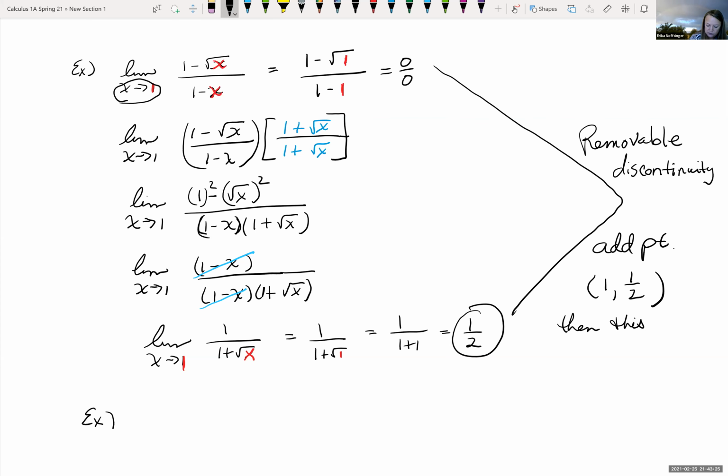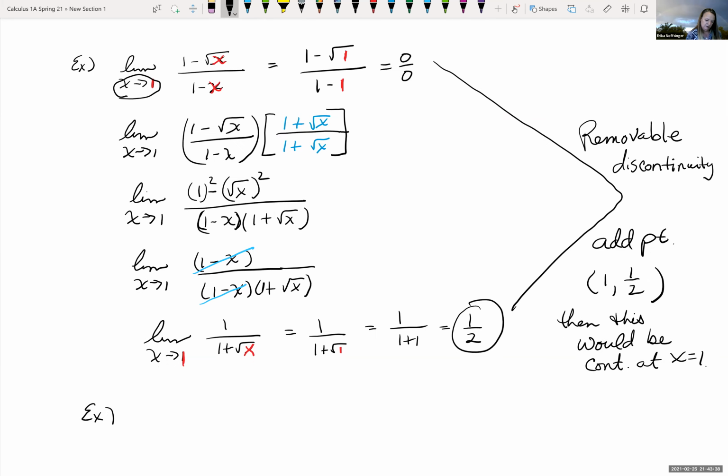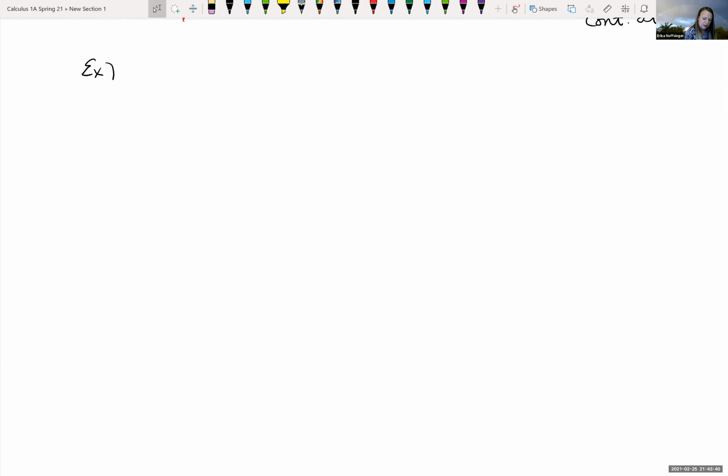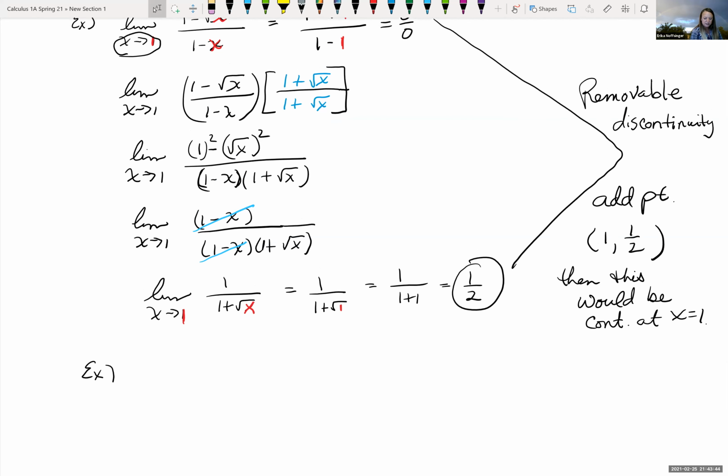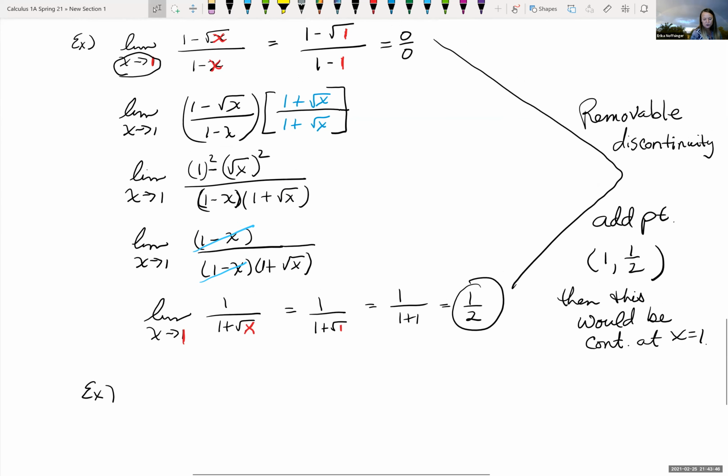Then this would be continuous at 1. Okay, so you should be able to deal with rational expressions. You get 0 over 0, indeterminate form, where you have radicals, and you have to manipulate it by multiplying by the conjugate of those radical terms.